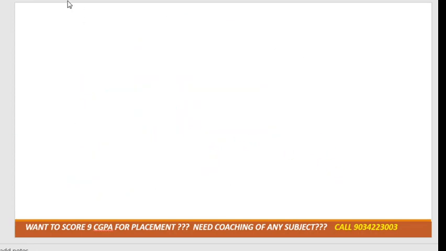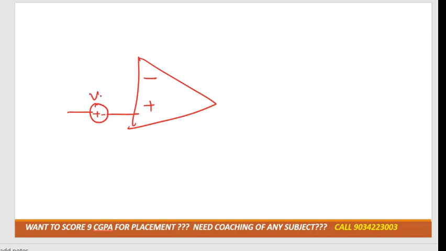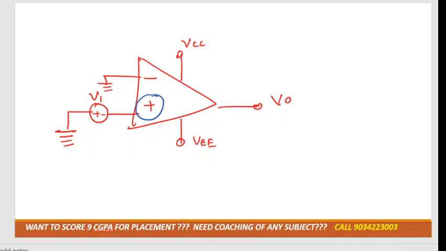But if I connect the voltage V1 to the positive terminal, with the other terminal grounded, and again the supply VCC and VEE, we have connected it as the non-inverting input.